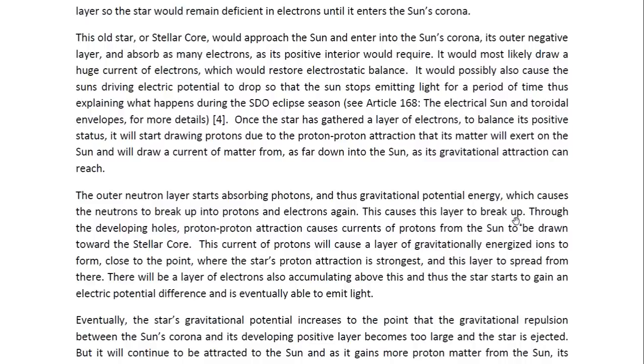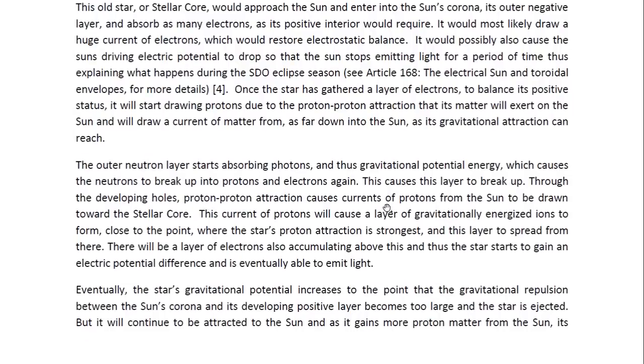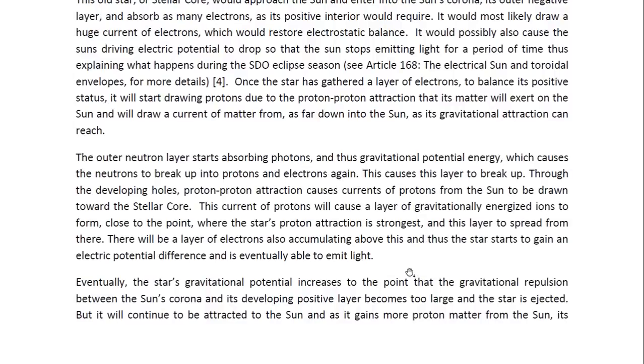This causes this layer to break up. And then through the developing holes, proton-proton attraction causes currents of protons from the sun to be drawn toward the stellar core. And this current of protons will cause a layer of gravitationally energized ions to form close to the point where the star's proton attraction is strongest. And this layer would then spread from there.